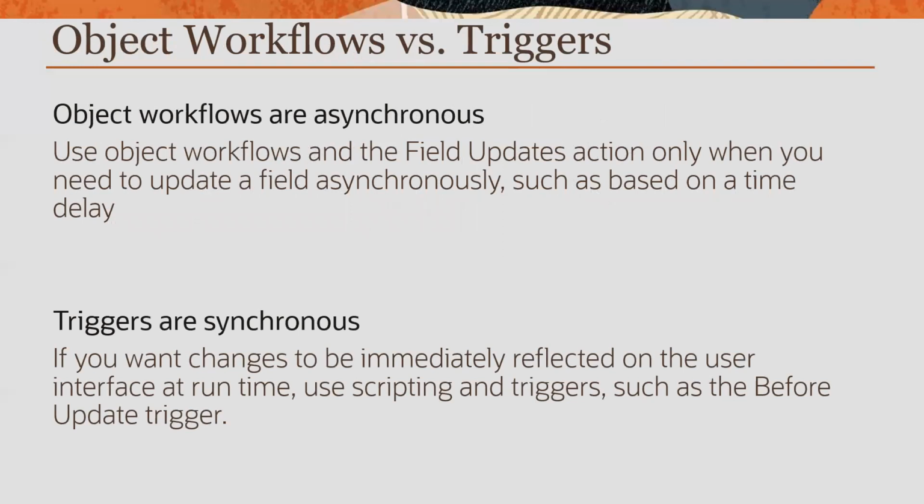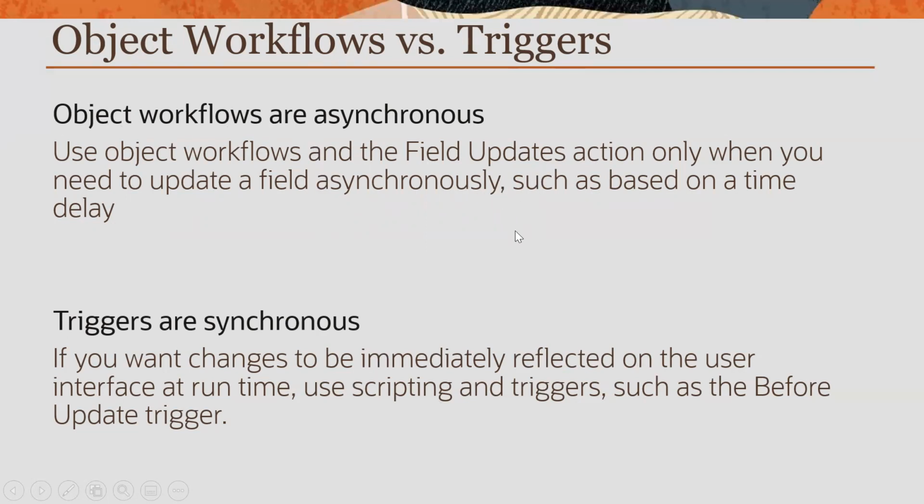The difference between object workflows and triggers. As I said earlier, triggers are synchronous and object workflows are asynchronous. Why? Because triggers will run instantly, when we click save or whatever, at runtime itself. But object workflows will run asynchronously.